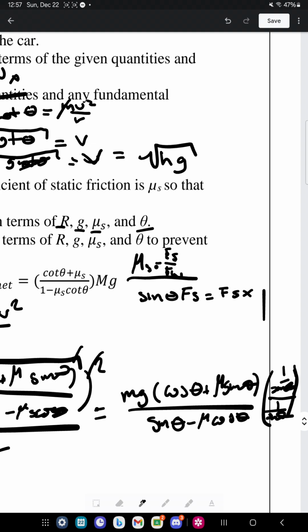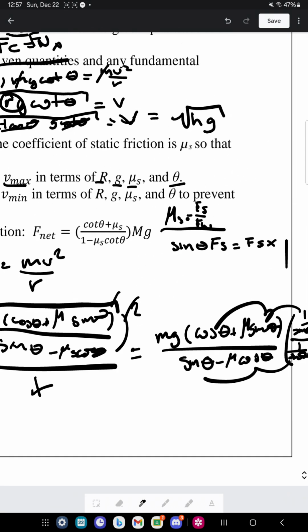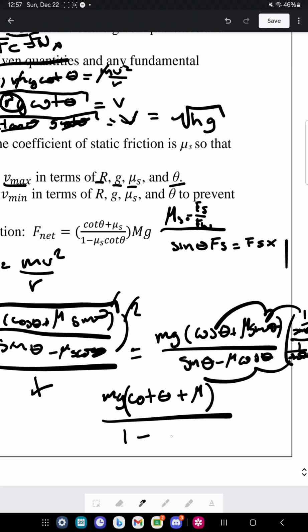Every term gets divided by sine, so this distributes here and here, and this distributes here and here, and it gives us mg (cotangent theta plus mu) over (sine divided by sine is 1, minus mu cotangent theta), and that's equivalent to this.